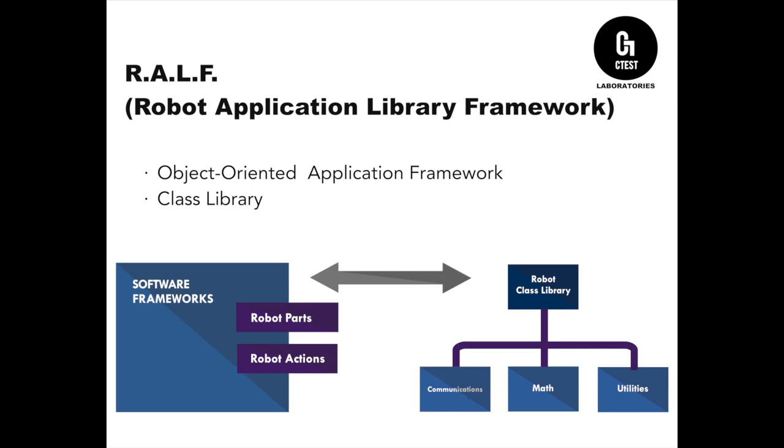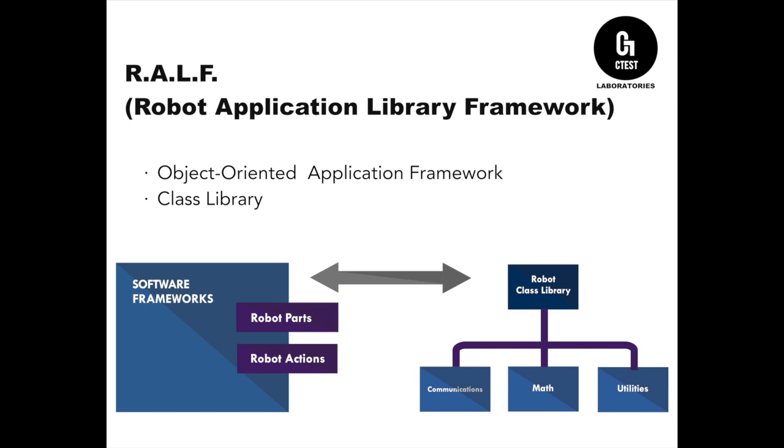And those robot parts, every kind of component in the robot, is derived ultimately from a robot part. So if it's an arm, a sensor, a camera, a motor, an actuator, the base class for that is going to be the robot part.